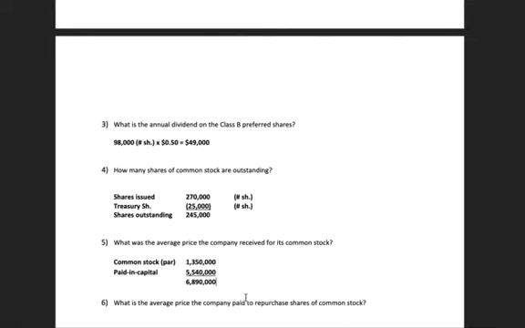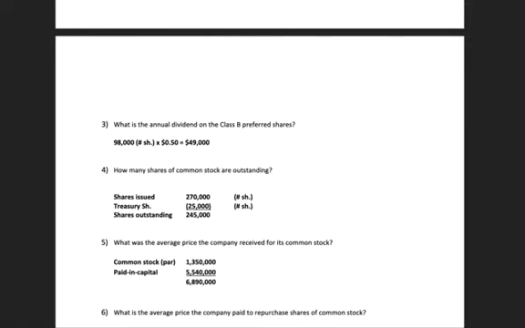Again, feel free to stop this video at any time to do any calculations if you'd like to check me. And then 6,890,000 is going to be divided by the amount that we have issued. The reason that we're using issued instead of outstanding is that we're trying to calculate the average price the company received for its common stock upon issuance.